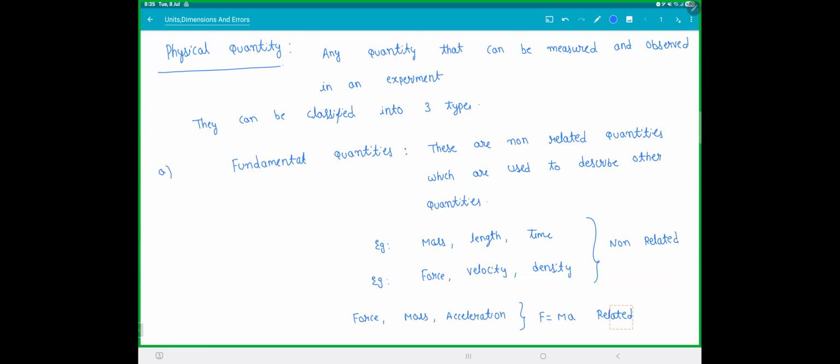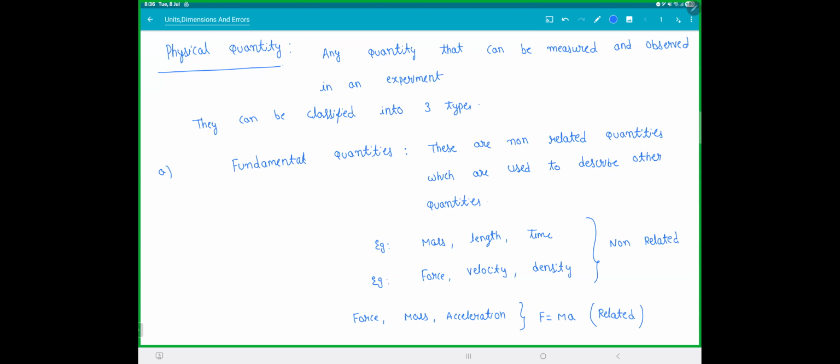That is the only condition. You need to have quantities which are not related to each other. So you can choose any type of quantities, which are not related, as fundamental quantities.